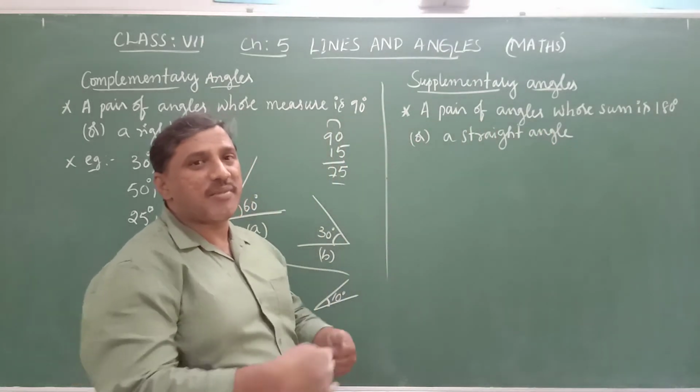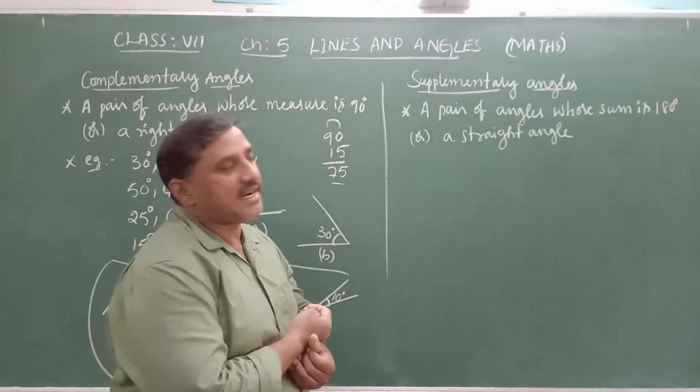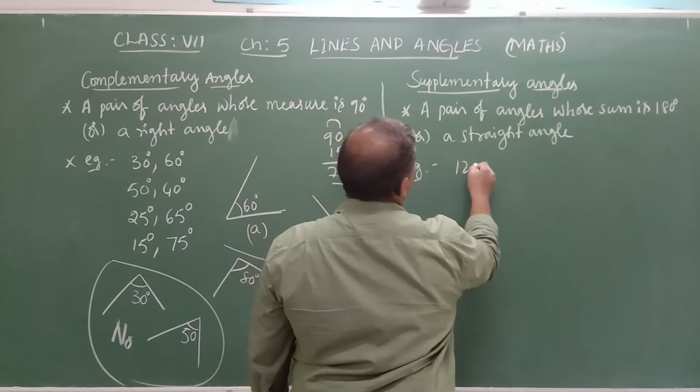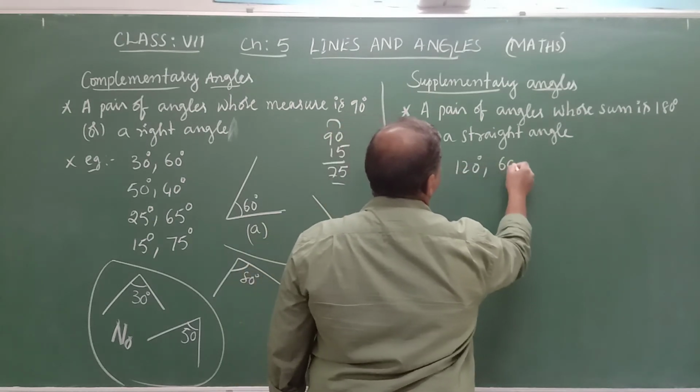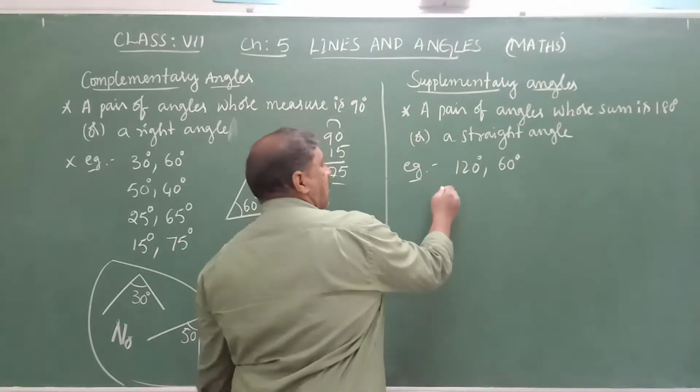Example, we can write here 120 degrees and 60 degrees. 120 plus 60 is 180 degrees.